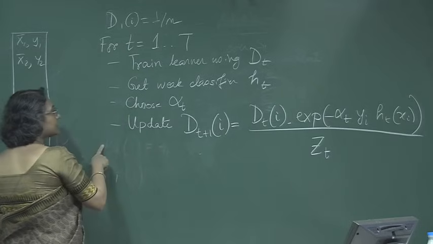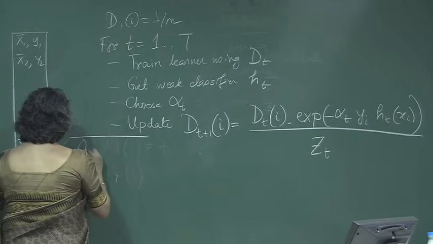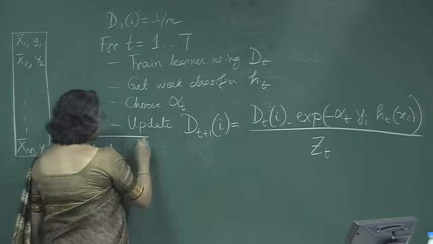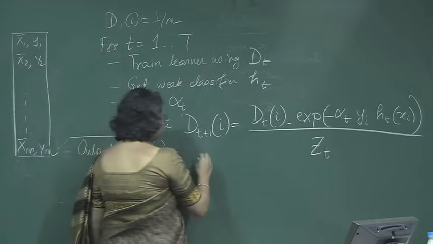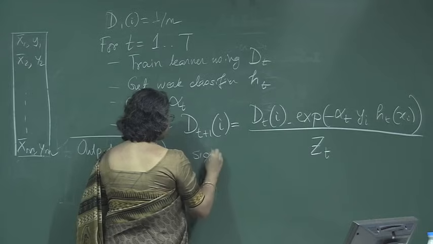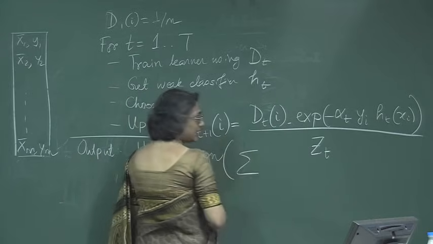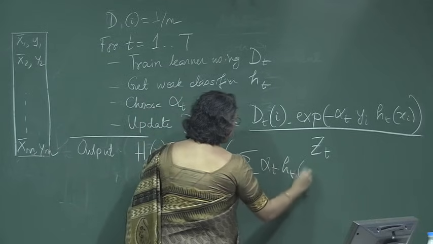Now, we do this capital T number of times, and the final classifier that we output is given by H of x equal to the sign of sigma alpha t ht x.